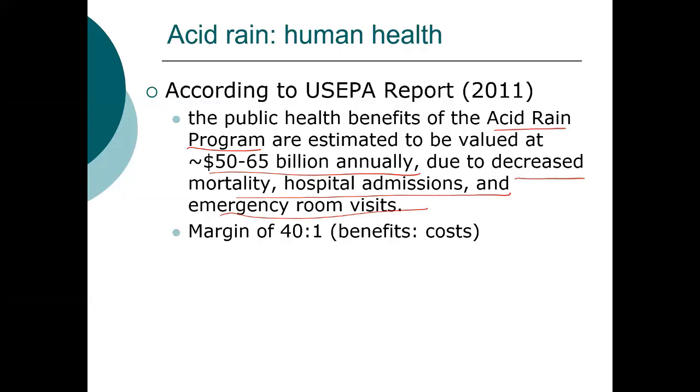In terms of cost benefits, the benefit cost ratio for the acid rain program has been estimated to be 40 to 1. So the benefits are 40 times greater than the cost of this program. So extremely successful program and has resulted in significantly reduced illness and deaths as a result.